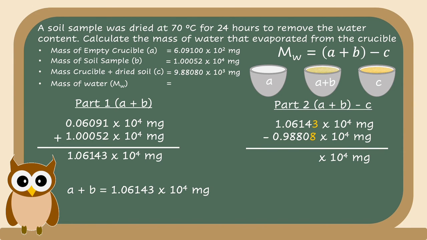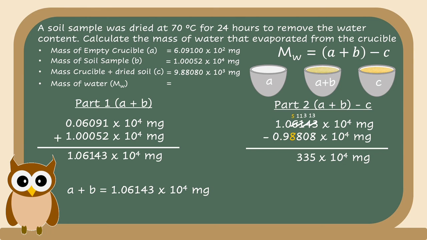Borrowing from the 10,000ths column, 13 minus 8 is 5. Then 3 minus 0 is 3. Again, we borrow from the hundredths column to get 11 minus 8 with an answer of 3.